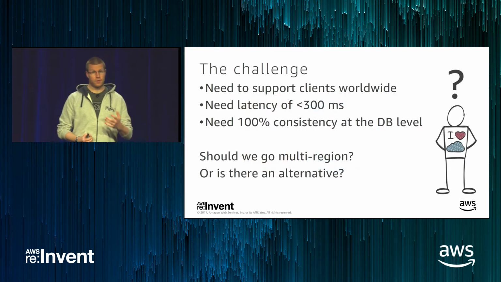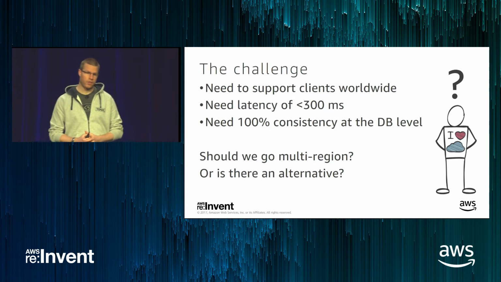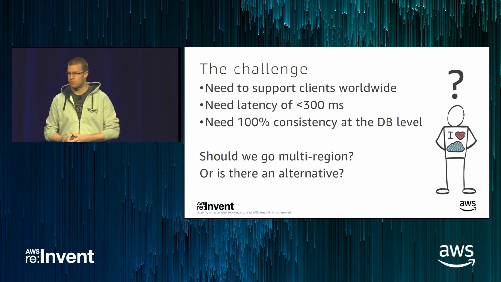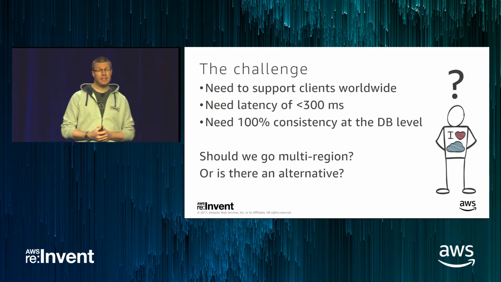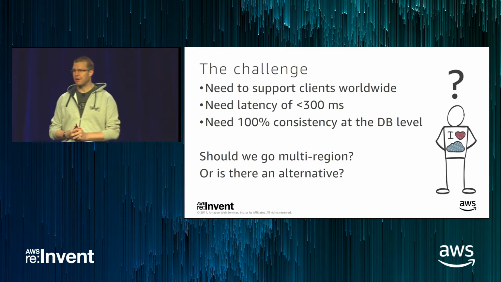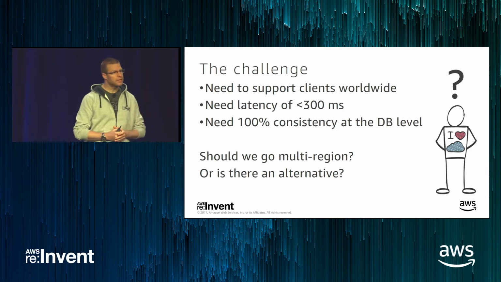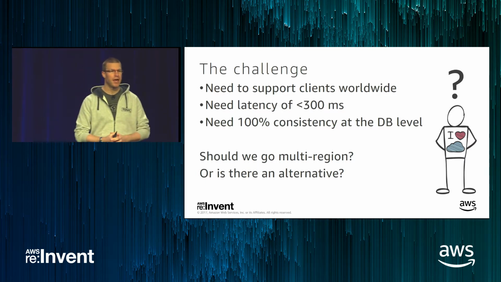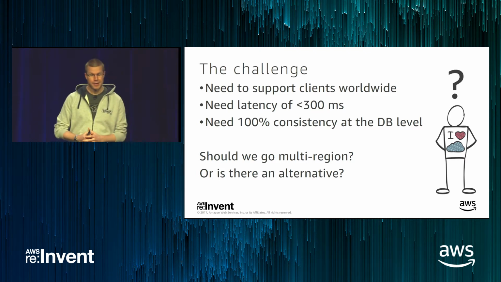So the challenges for us when we started with Tonic were that we needed to support clients worldwide. That's pretty obvious, right? We have the need of a latency below 300 milliseconds. I see there are some smiling faces in the audience. I know 300 milliseconds is a lot in the AdTech business, but it's still a challenge, right? And then we have 100% consistency at the database level.